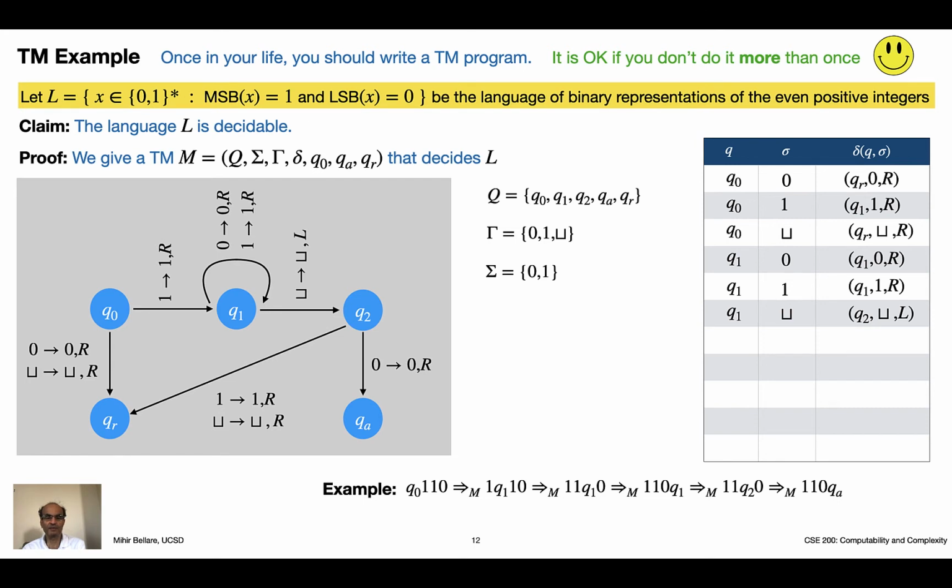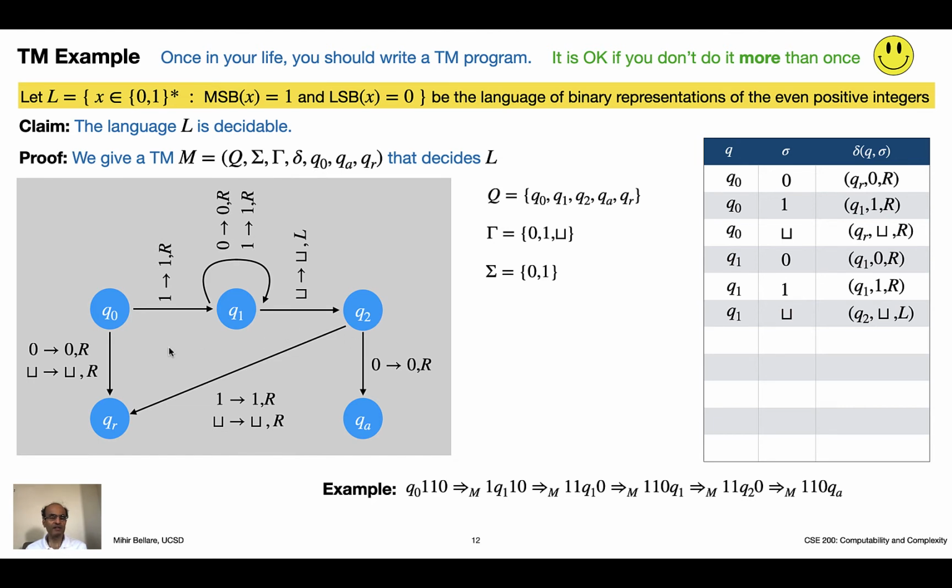From the Turing machine perspective, it sits on the tape. It occupies positions 1, 2 onwards. I don't know how long it is, but it's of some finite length. I need to scan it, and I need to figure out whether the first bit is a 1 and the last bit is a 0. This would be incredibly easy in a normal programming language, but this poor Turing machine will have to do a little bit of work.